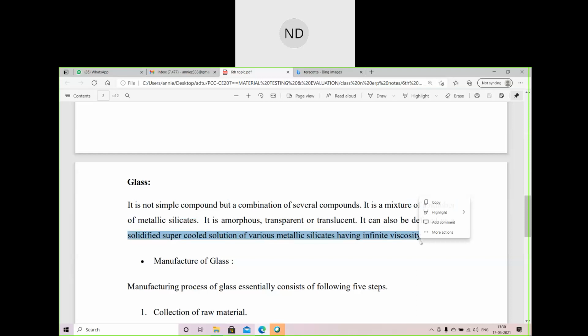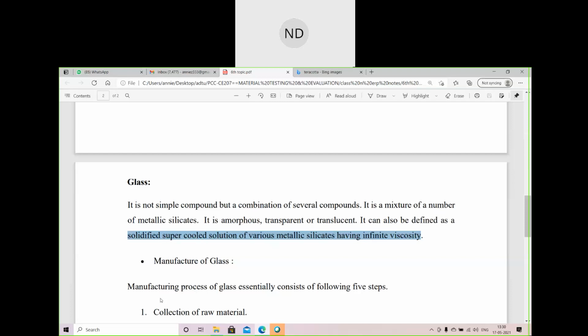Glasses are cooled after heating, melting and then mixing with different materials. They are supercooled. Supercooled solution of various metallic silicates, having infinite viscosity. Obviously, when you heat the glass, it will be in a viscous form.